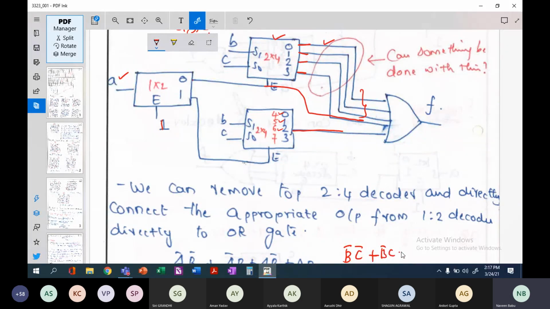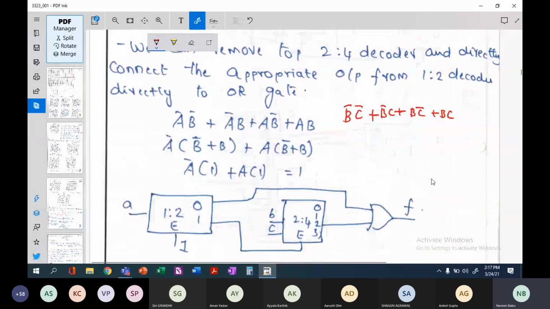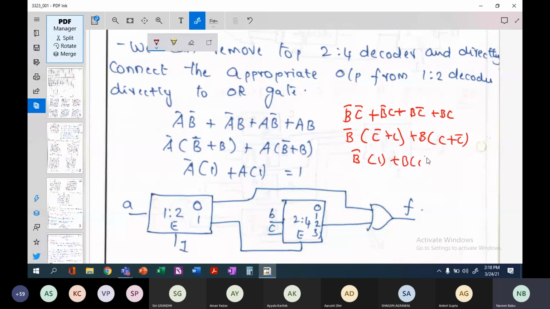So it is B bar C bar plus B bar C plus B C bar plus B C. You can simplify this. Take B bar outside from the first two, so I have C bar plus C. Take B outside from the other two, and I have again C plus C bar. What is this C plus C bar? This will be 1, so B bar multiplied by 1 plus B multiplied by 1.